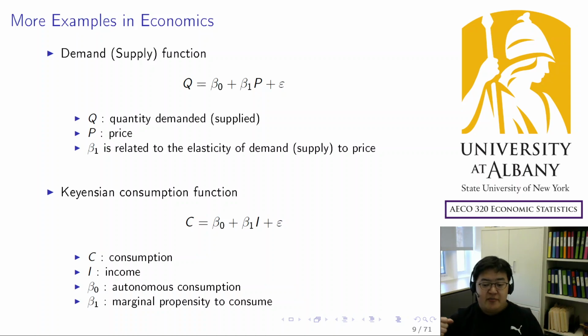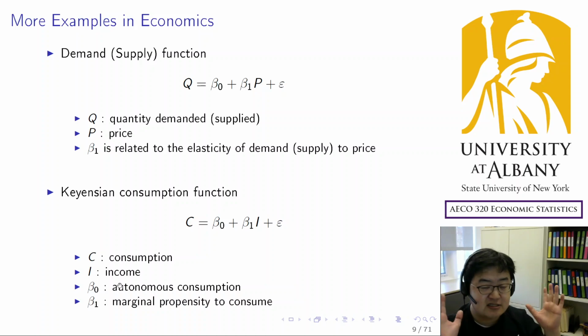Because when I pay $1 million, the recipient will spend some of it, and then the second recipient will spend some of it, so it will circulate and generate more than a $1 million effect. So that's the multiplier effect, and beta 1 is related to the multiplier. The higher beta 1 is, the higher the effect of the government spending on GDP.